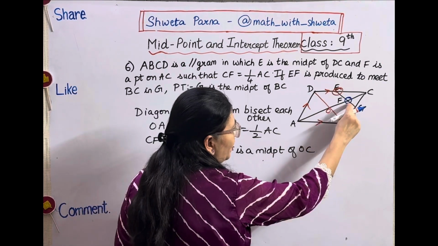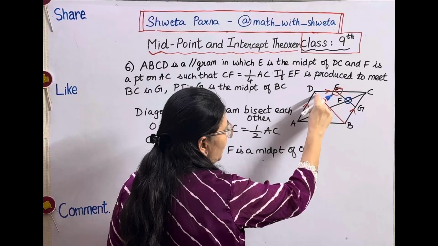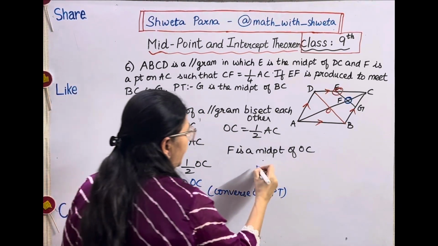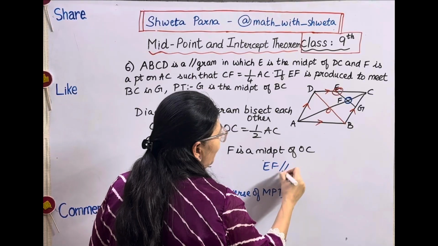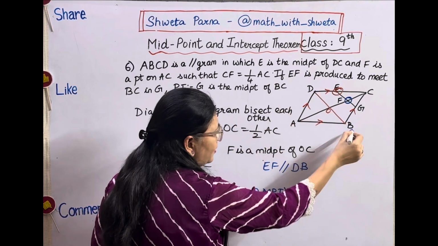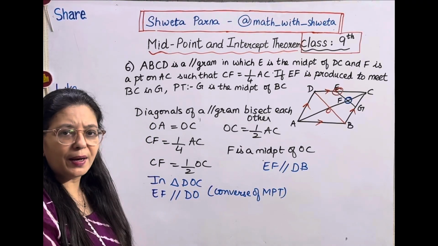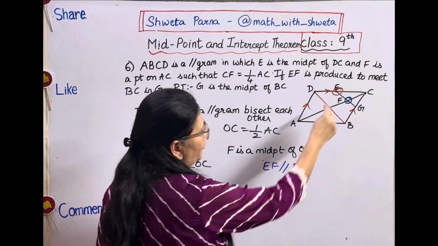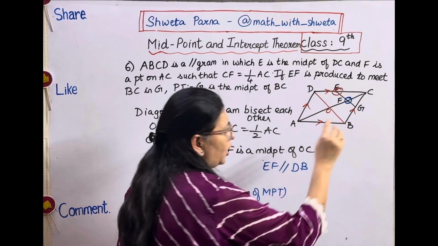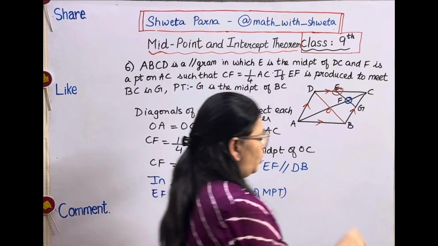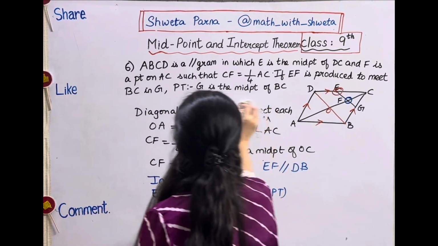If there are two midpoints, that means this line will be parallel to OD. In short, we can say that EF will be parallel to BD. When you extend this line, the diagonal, it would be parallel. Now, this part is clear. So we have proved that EF is parallel to BD. Now from F the line is extended. Okay. So let's go ahead now.